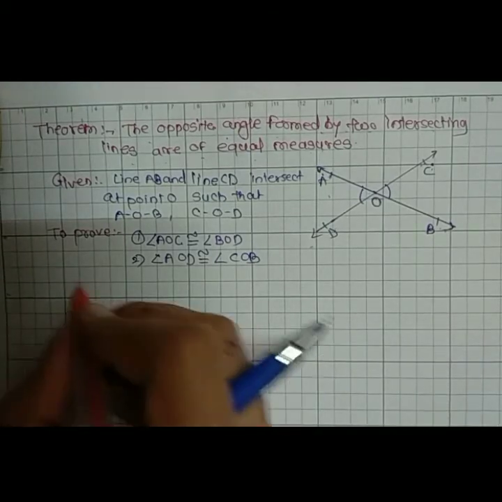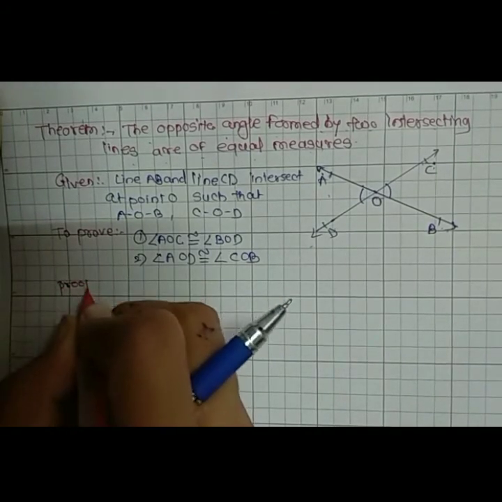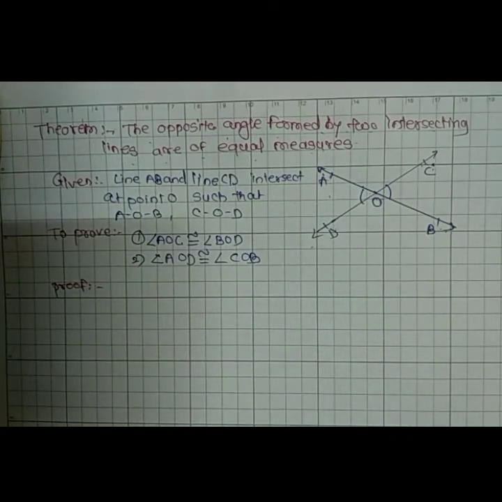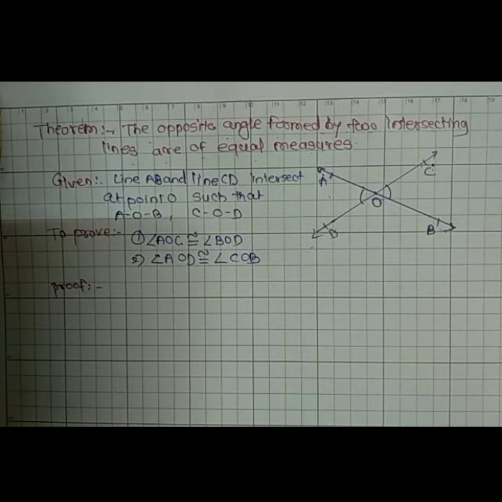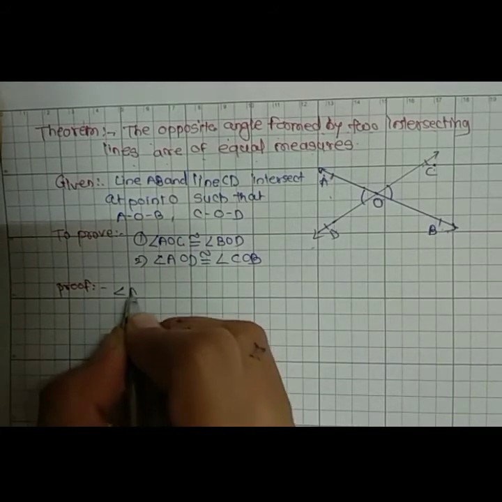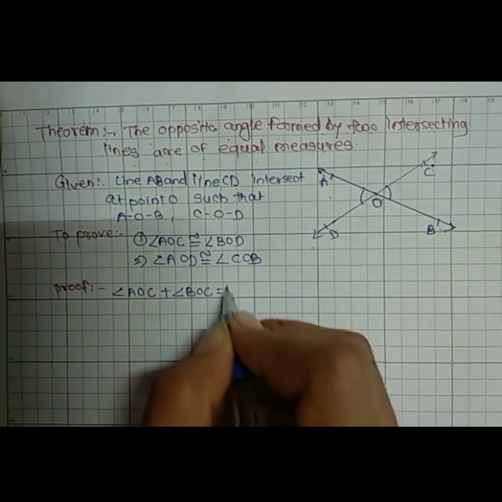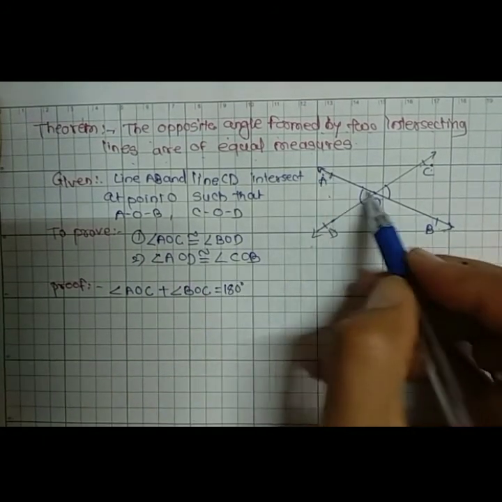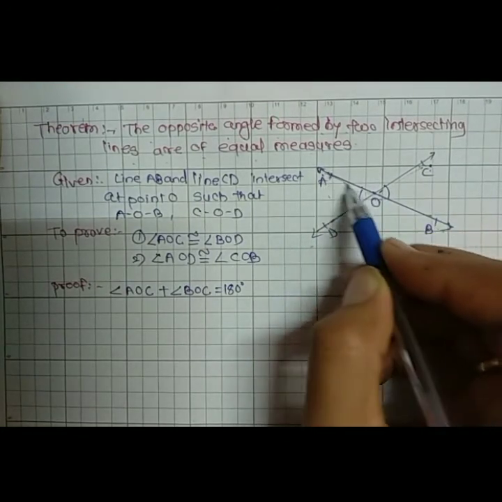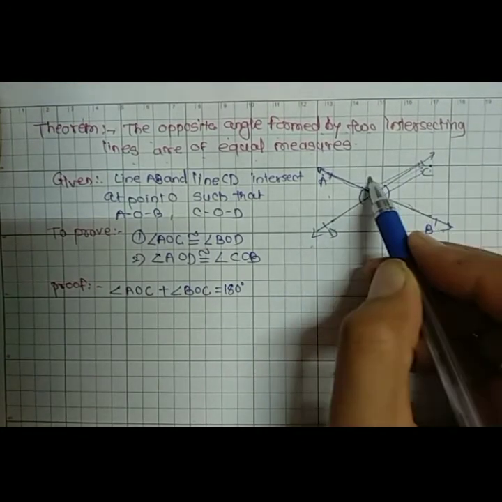Let's write down the proof. A property is supposed to be true if it can be proved logically. This is called a theorem, and the logical argument made to prove a theorem is called a proof. First, angle AOC plus angle BOC is equal to 180 degrees.